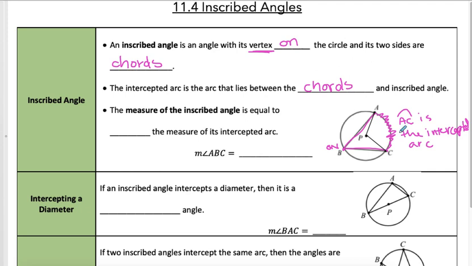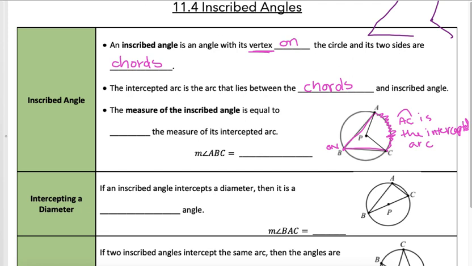So now I have this angle and this angle, and these are not the same measurement. Do you see that this one is bigger and this one is smaller? Our inscribed angle is always smaller than its central angle that captures that same arc.